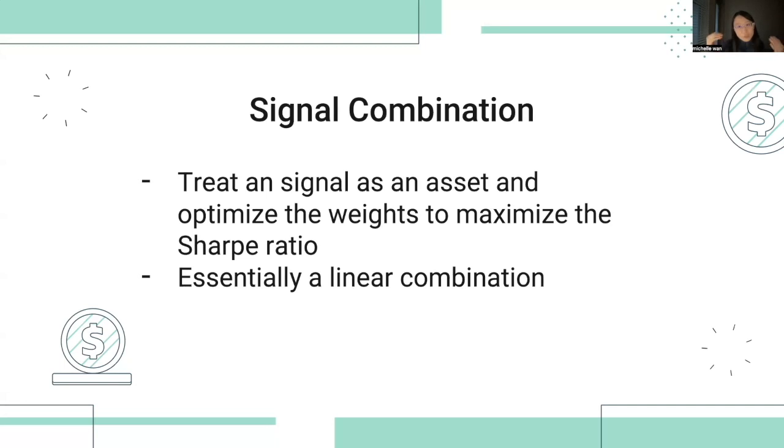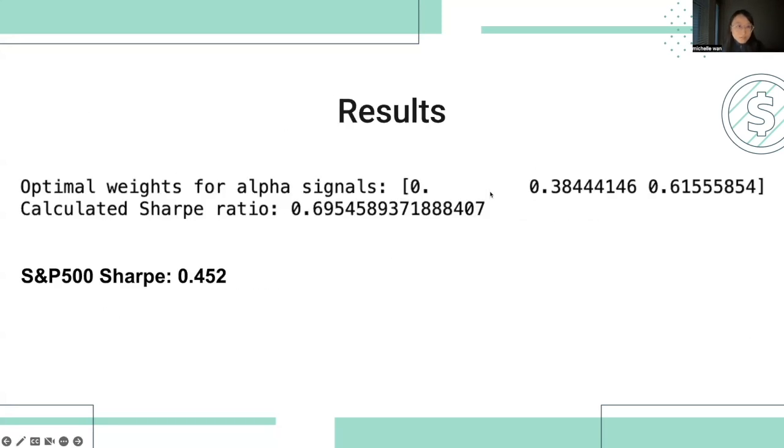We know the alpha returns, and that's all we need to get the weights in order to maximize the Sharpe ratio. After we get the weights, it's essentially just a linear combination of alphas.